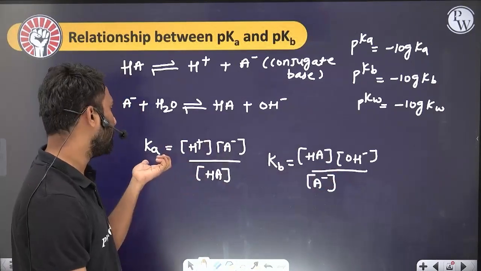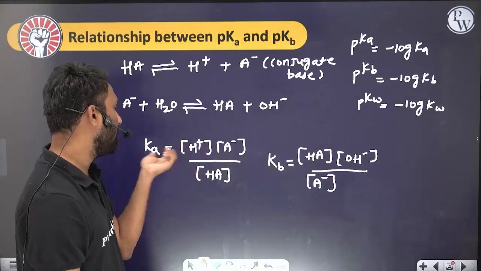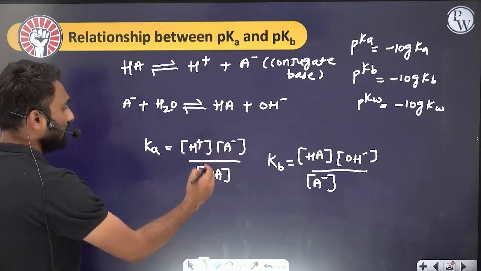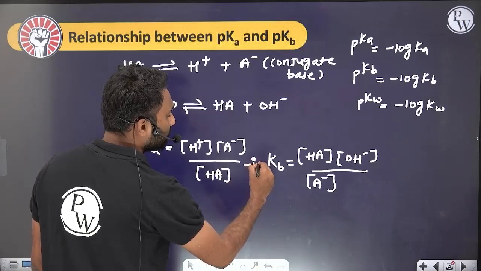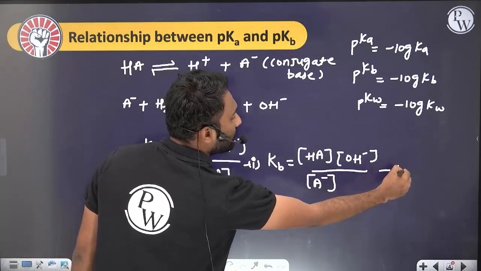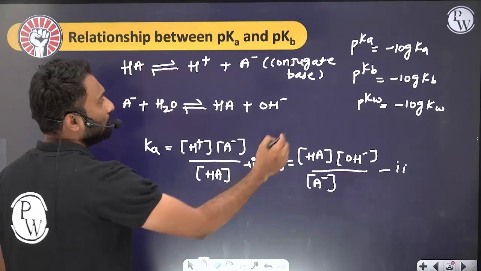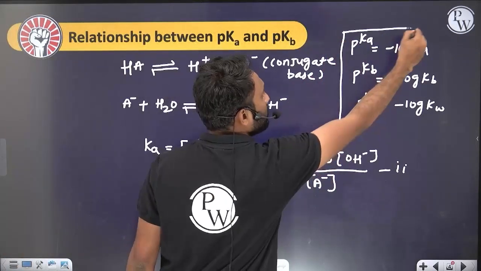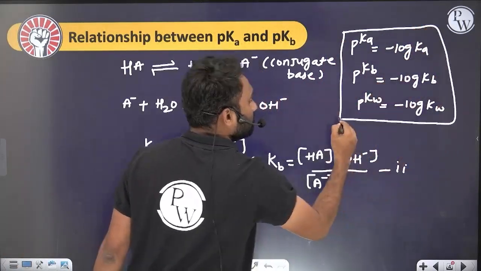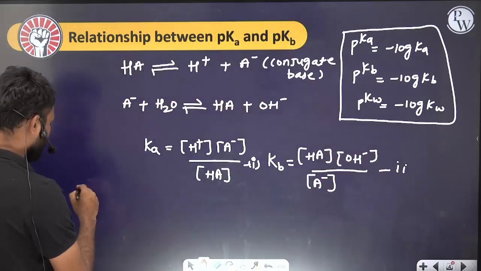Now here, take the relationship between pKa and pKb. Multiply equation number 1 and equation number 2. If you multiply equation 1 and equation 2, what happens?